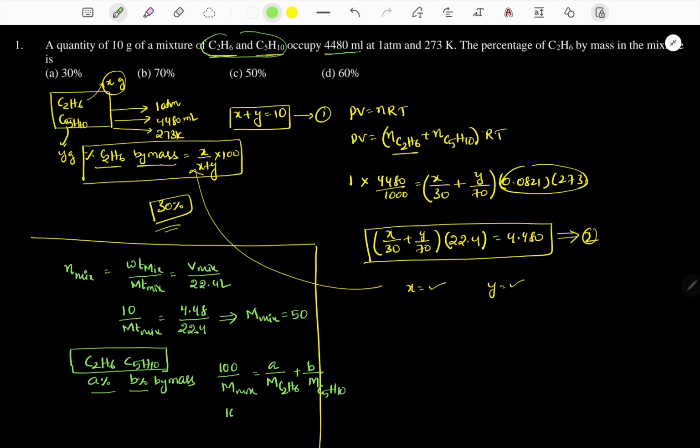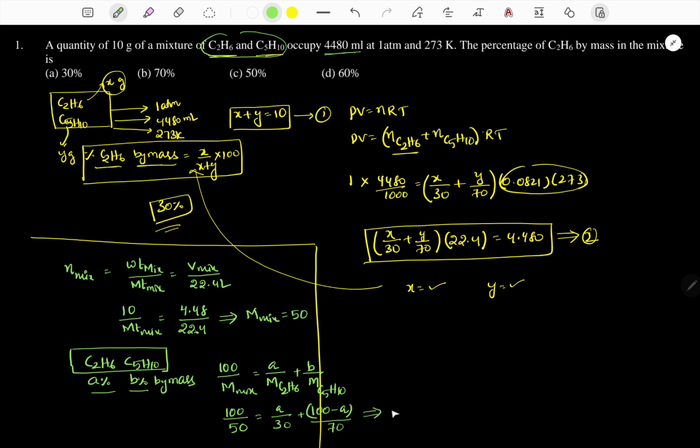So 100 by molecular weight of mixture, which is 50, equals A percentage of C2H6 with molecular weight 30, plus B percentage of C5H10, which can be written as 100 minus A because total percentage is 100, upon molecular weight of C5H10 70.